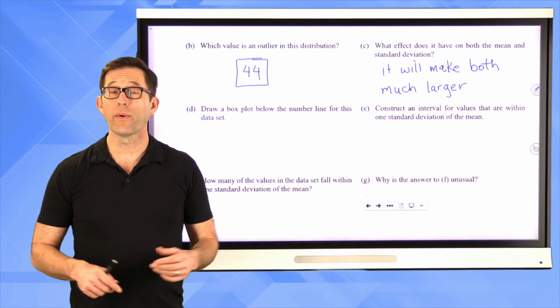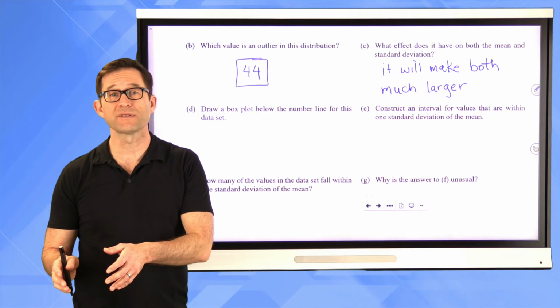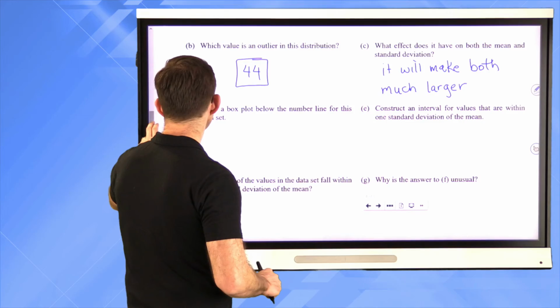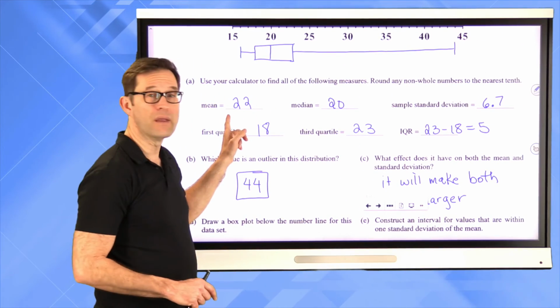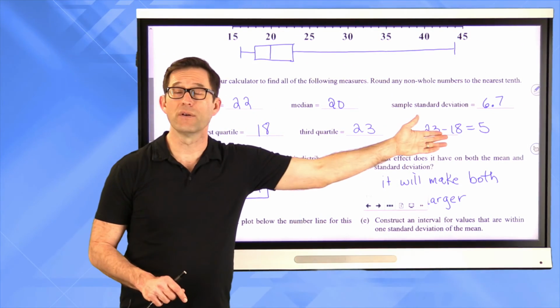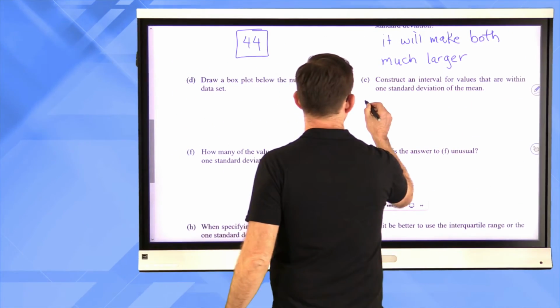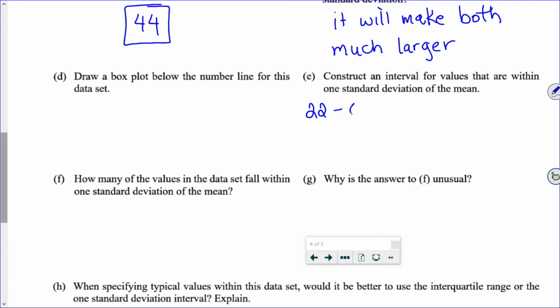Well, all we have to do is take the mean and subtract one standard deviation, and take the mean and add one standard deviation. So if we recall, our mean is 22, our standard deviation is 6.7. So we're going to have 22 minus 6.7 and 22 plus 6.7.